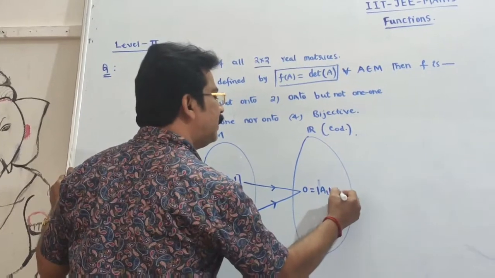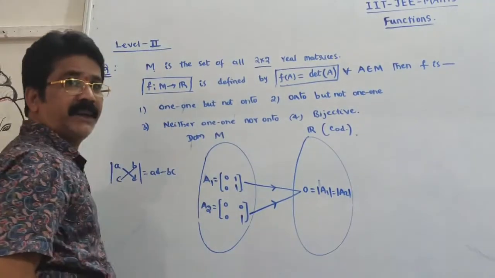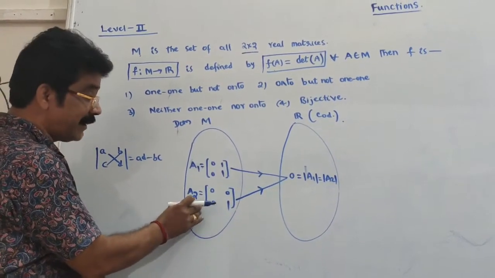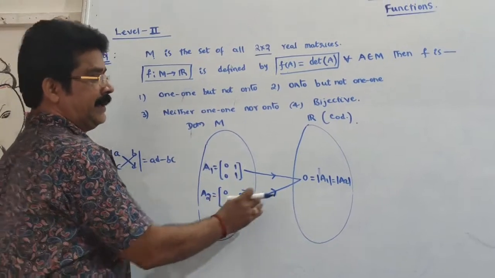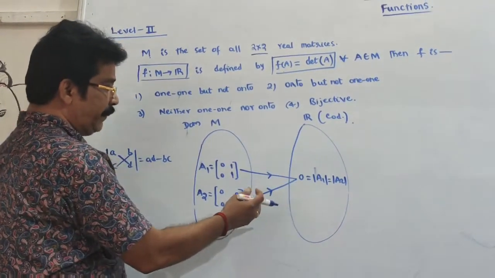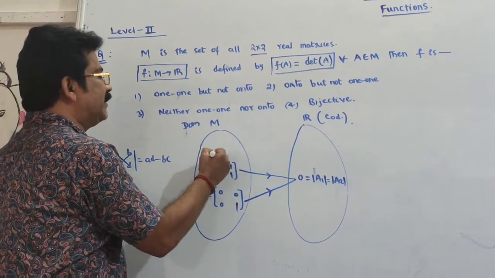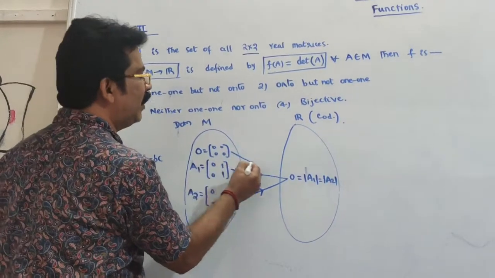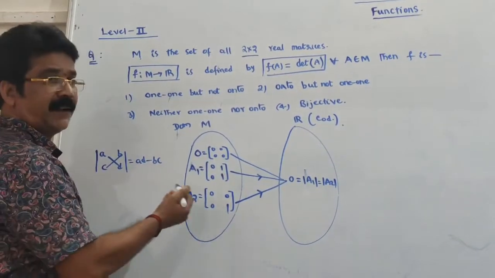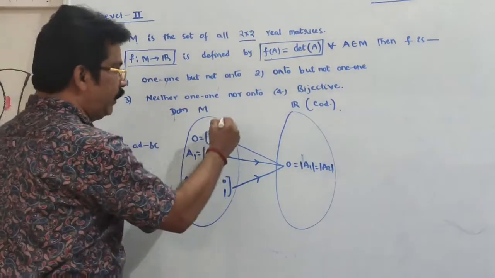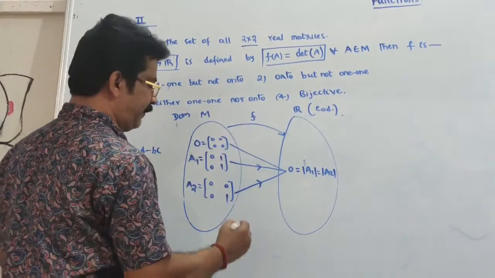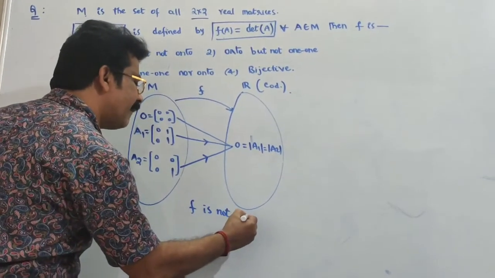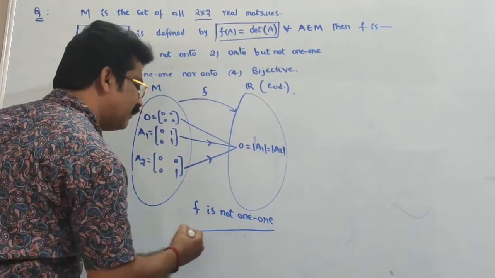Similarly, we can create infinitely many 2 by 2 matrices whose determinant equals 0. You can ask, sir, what about the zero matrix 0, 0, 0, 0? Its determinant is also 0, because 0 is a real number. So clearly, f is not a one-one function.